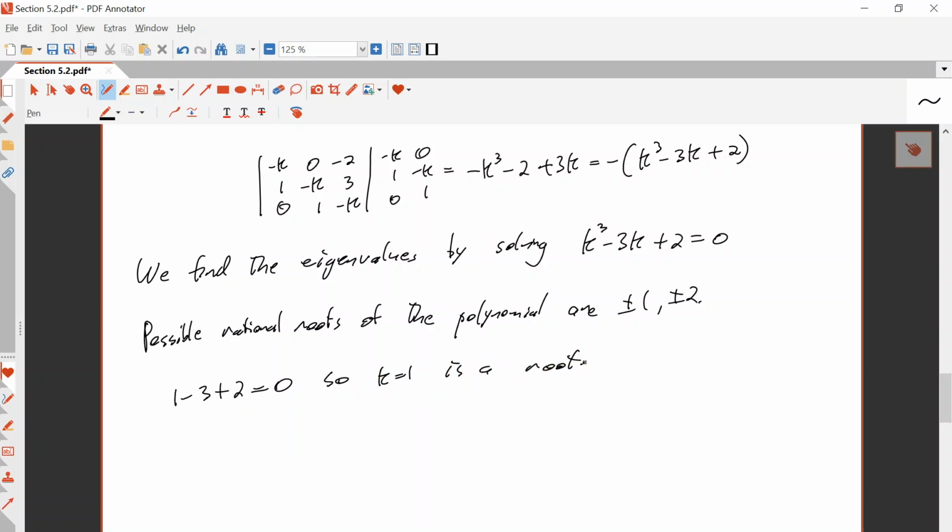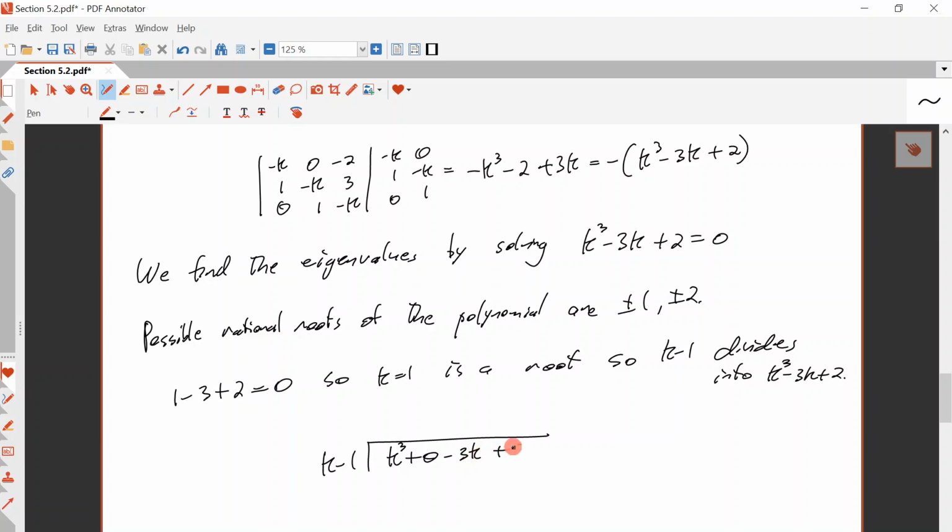So now that we have that root, we can divide it out. So k minus 1 divides into k to the third minus 3k plus 2. So k minus 1 divided into k to the third plus 0 minus 3k plus 2.